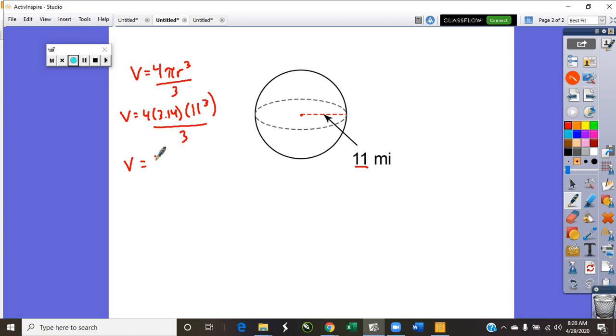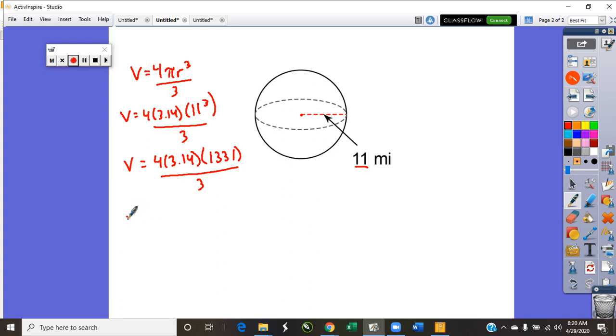So let's say 4 times 3.14, and we're going to do 11 to the third power. You can do this in your calculators. 11 to the third power will give us 1,331. I am letting you use calculators, so it's not that much work to just write this stuff out.